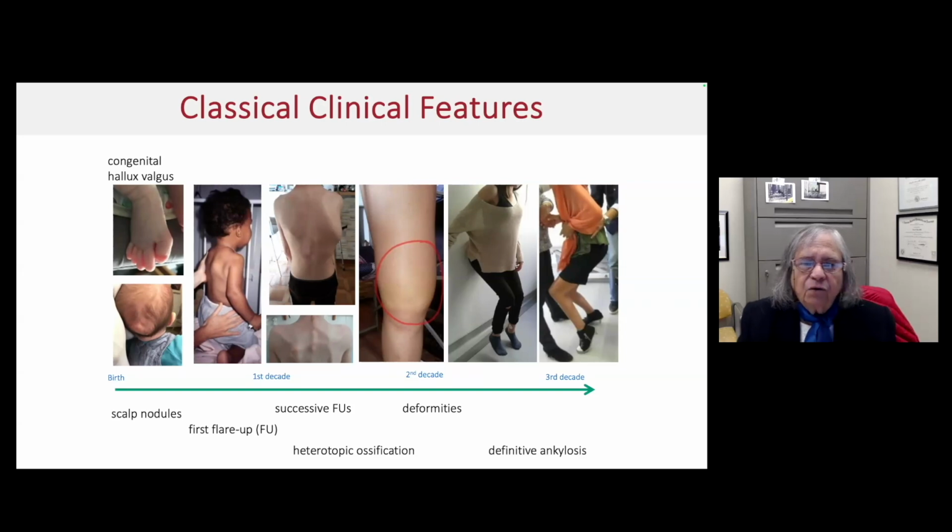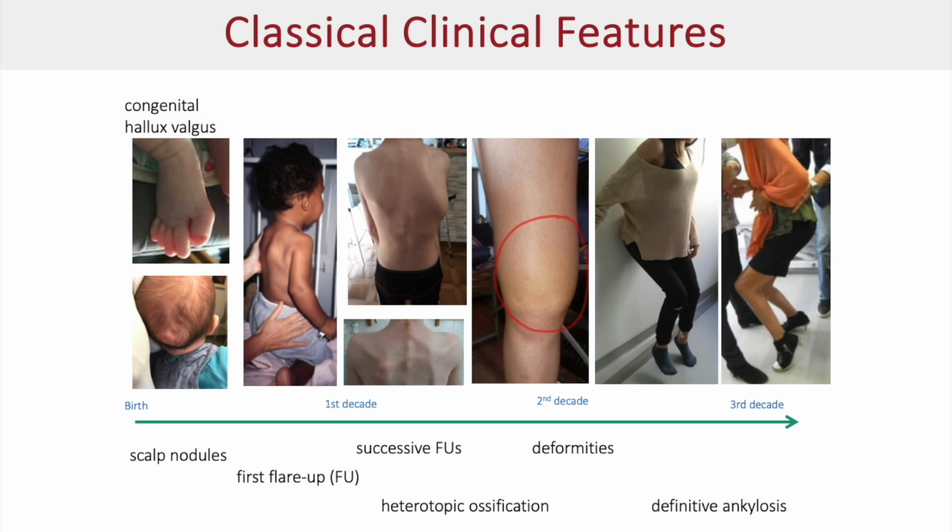But in terms of how FOP presents in children and then across childhood, this is a condition where you can tell right from birth that there's something a little bit unusual with how the toes are formed, and sometimes you can see nodules of the posterior scalp, but these are less common in my personal experience with FOP.